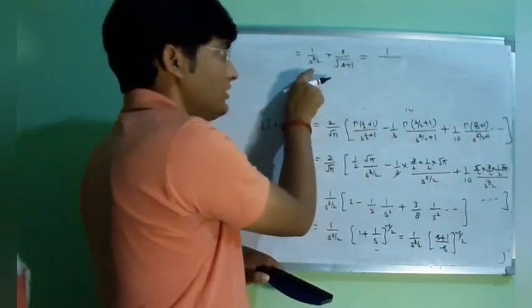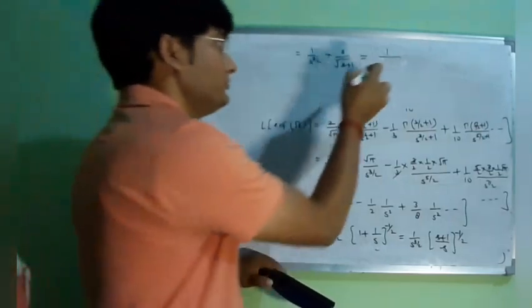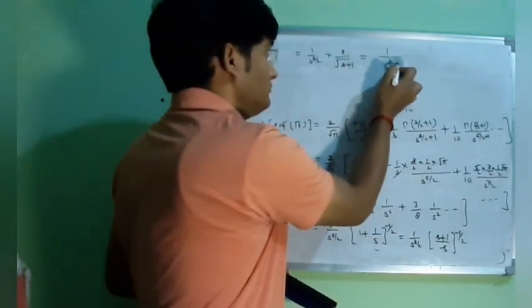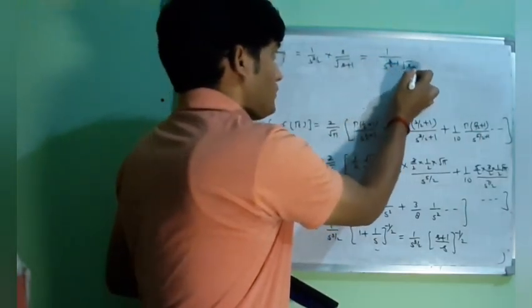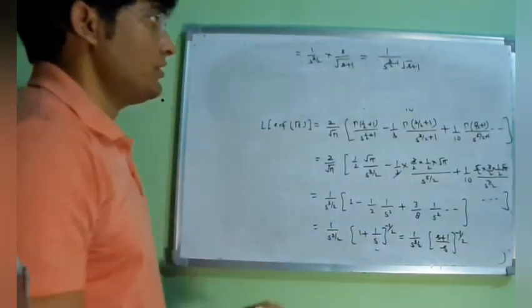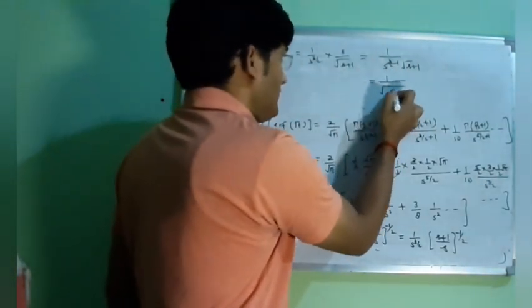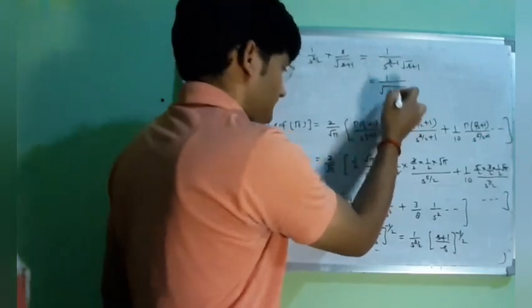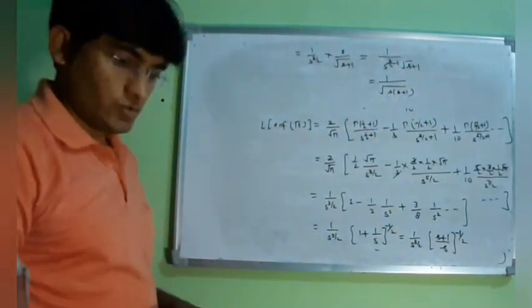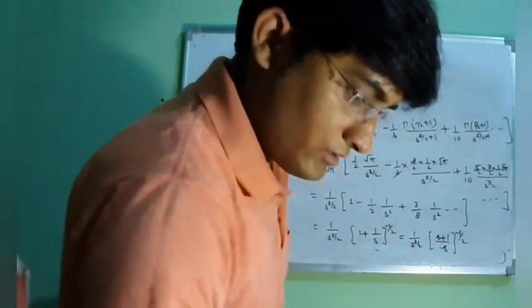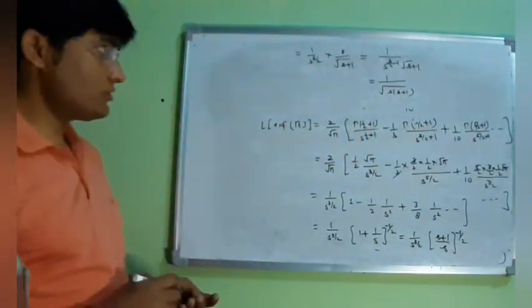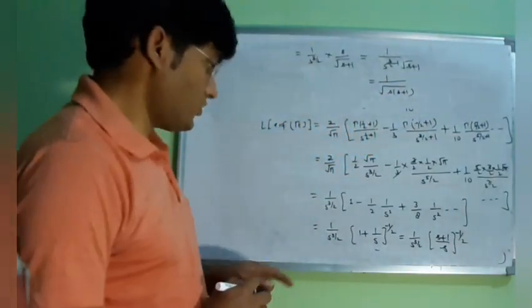This will be your s to power 3 by 2 minus 1 square root of s plus 1. So this is your equal to 1 upon s into s plus 1. So I think there is some mistake, because we are getting square root of s.